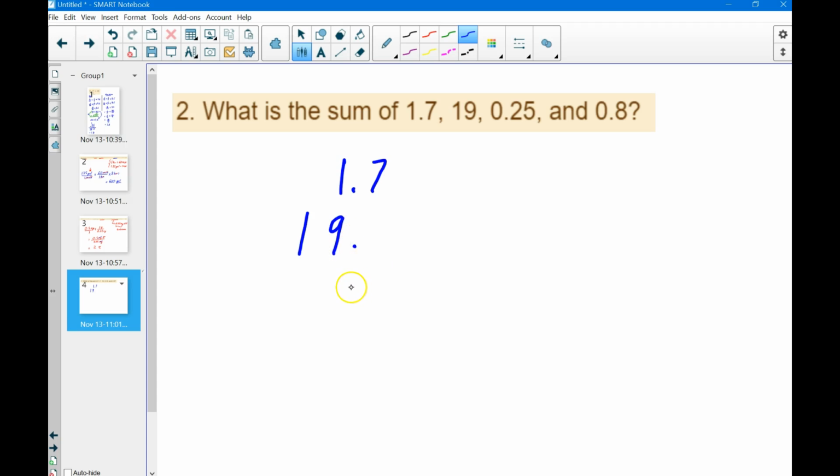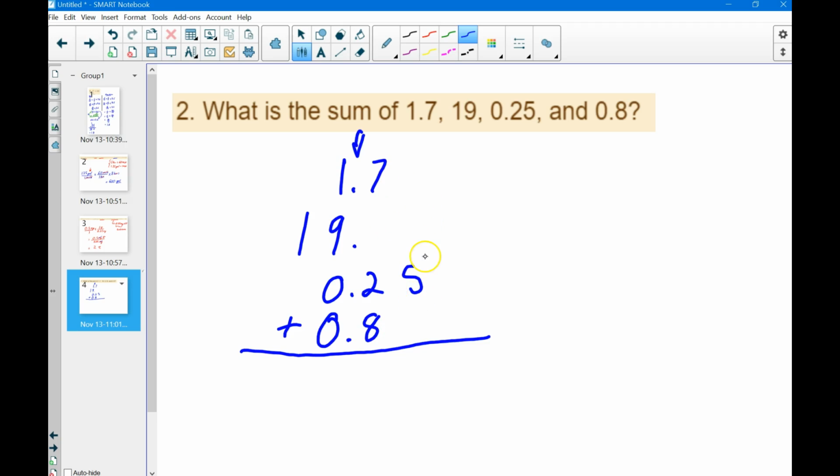0.25 is right here, then we have 0.8. You notice how the decimal places are all lined up in a straight line down. Now we're going to add them straight up and down. There's nothing to add to the 5, so the 5 stays the same. The 8 and 2 makes 10, and that's 17, so that's 7.